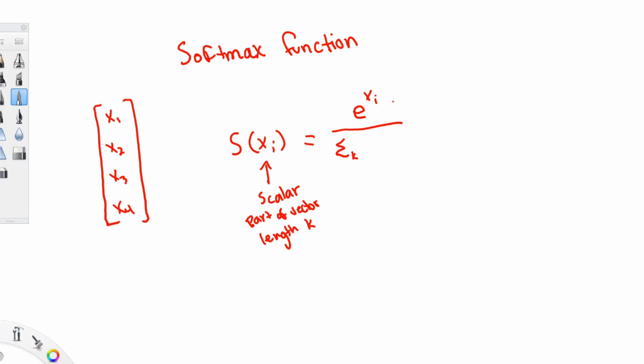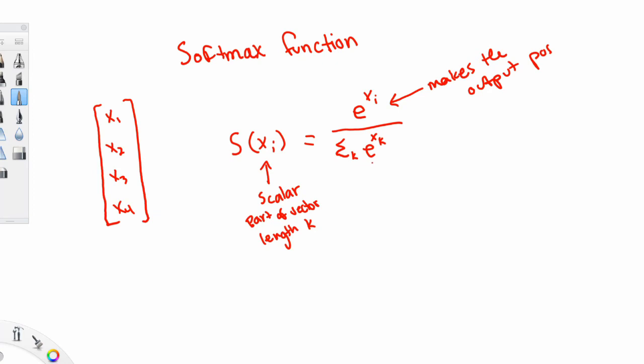Sum over k. So remember our length k of e to the x at the index k. So what this top part is, this really serves the purpose of making the output positive. And the bottom is a little more complicated, but it shouldn't be too hard to understand.